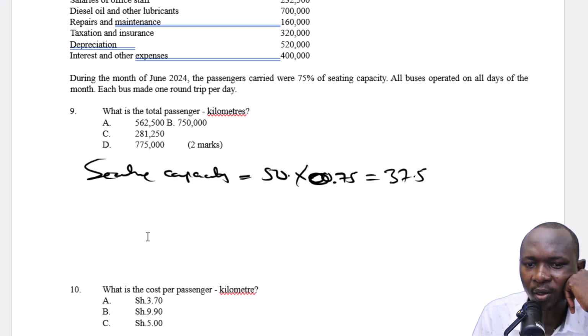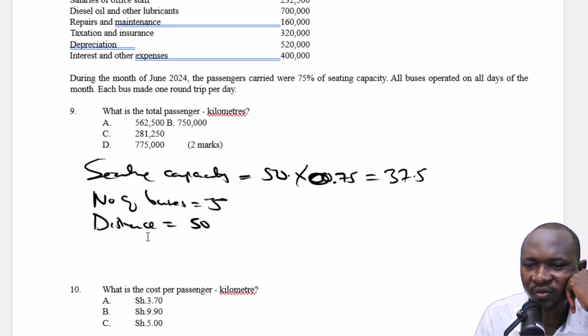And how many buses do we have? Number of buses is 5. And the distance is 50 kilometers, but it's making 2 trips per day. All buses operated on all days of the month.